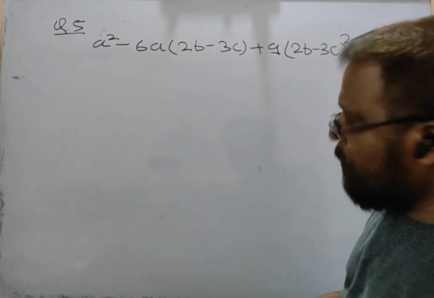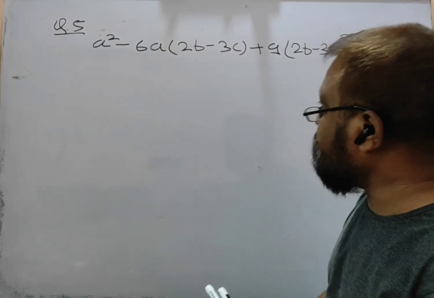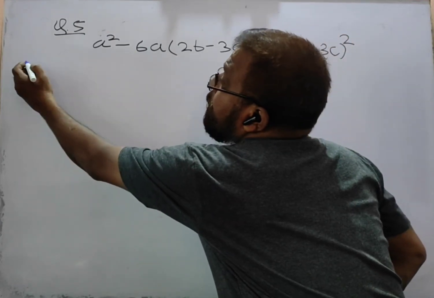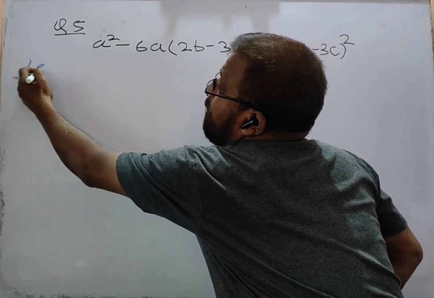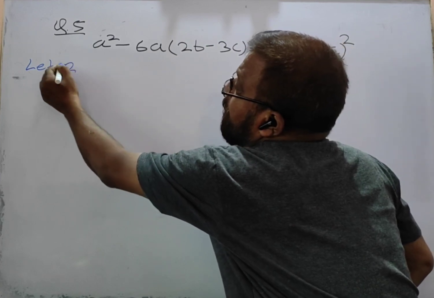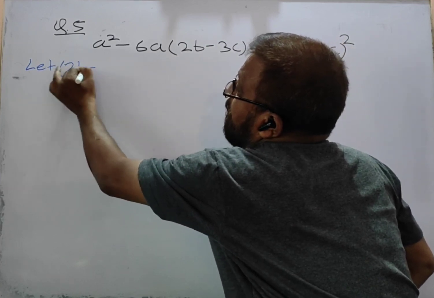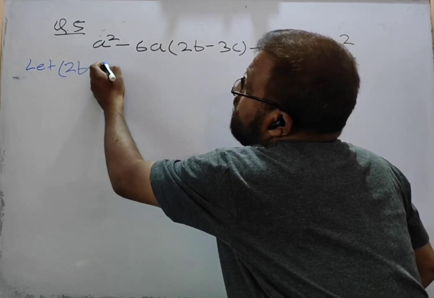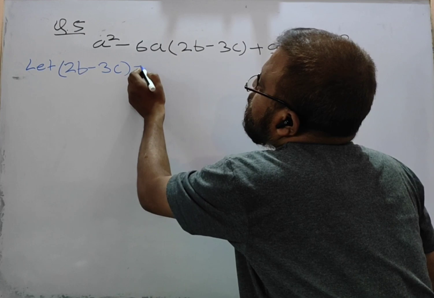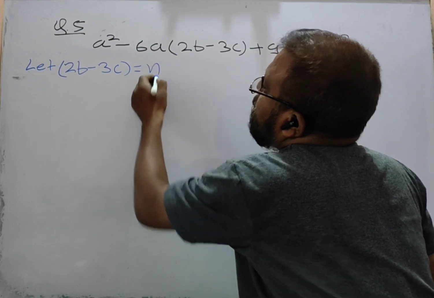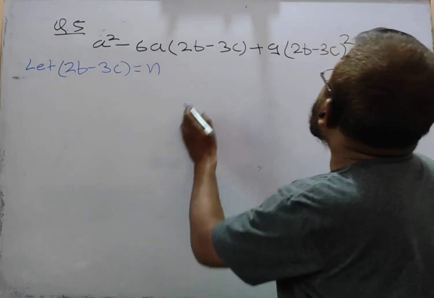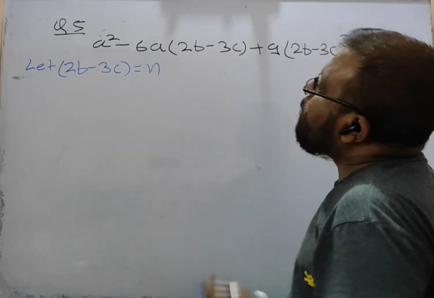So now we should take this time, let 2b minus 3c is equal to n, right? We get this. Okay.